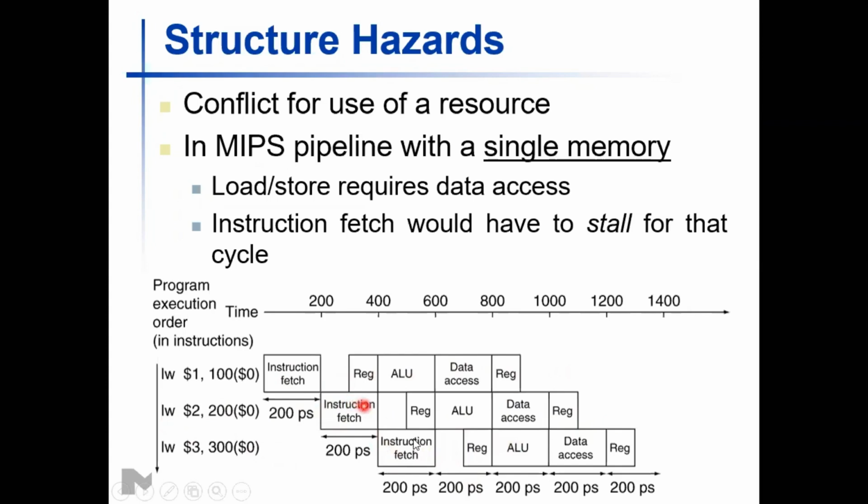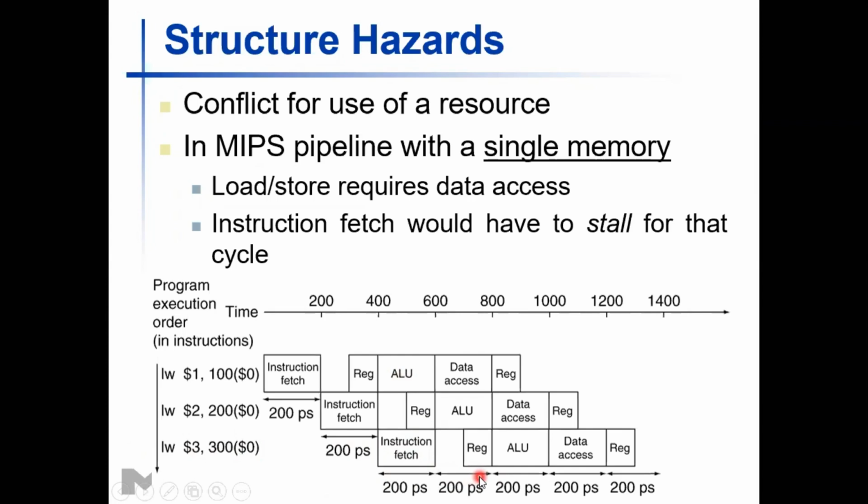At this stage, once the third load instruction is fetched, the previous one was in the register reading stage, and the one before was in the ALU or address computation stage. Assume that you have a fourth load instruction coming after this one. Then what would happen? That instruction will need to be fetched during this clock cycle, this 200 picosecond clock cycle.